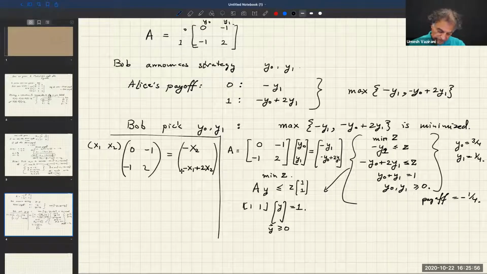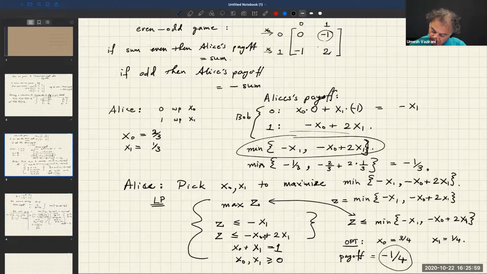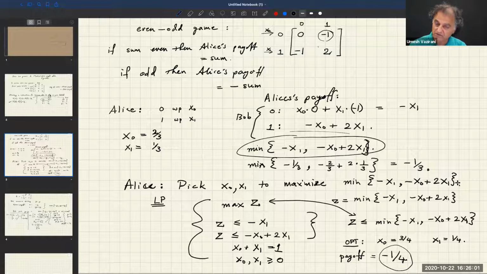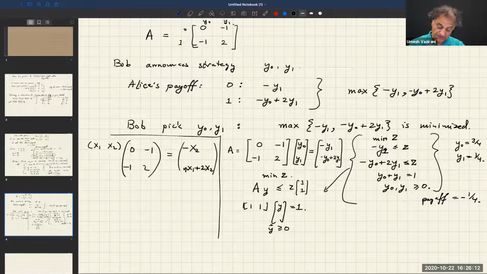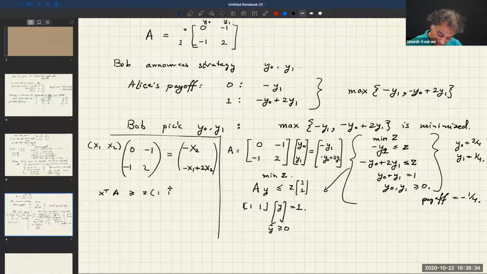Okay. So these were the 2 payoffs, right? Minus X1 and minus X0 plus 2X2, that Bob was trying to pick the minimum of when Alice played first. So the way you get that is by saying, you look at X transpose A. We want this to be greater than or equal to Z times 1, 1.